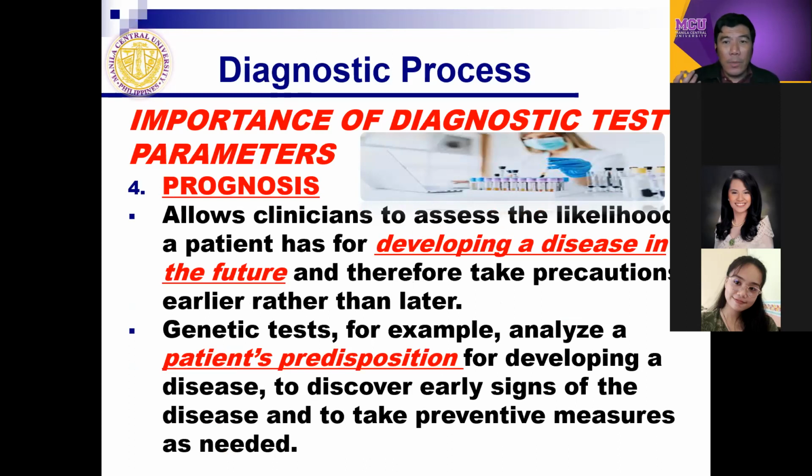This allows the clinician to consider the possibility of developing a disease in the future. Usually with prognosis, diagnostic test parameters could prevent specific complications. The diagnosis gives us the data of a confirmatory test, while prognosis is to prevent complications.